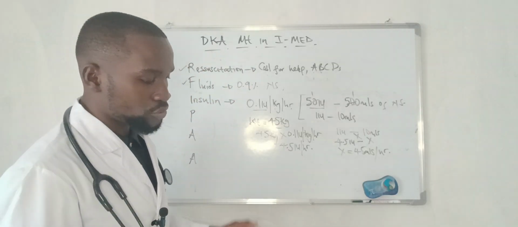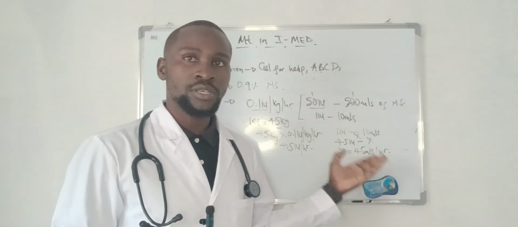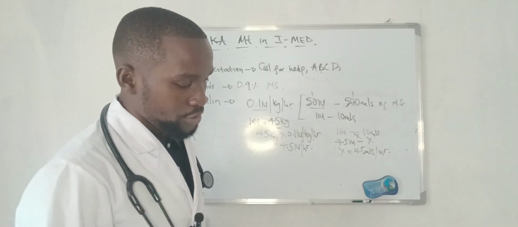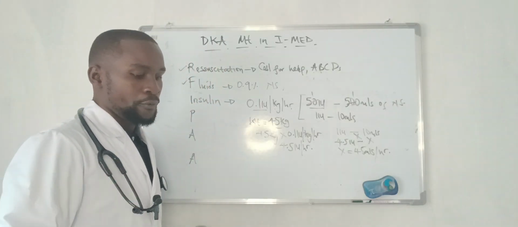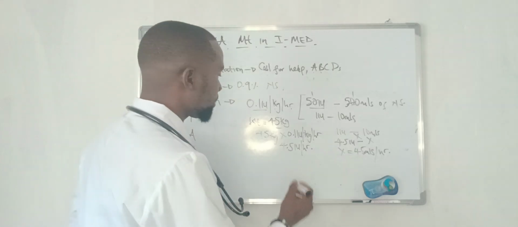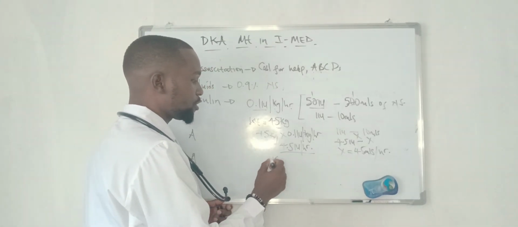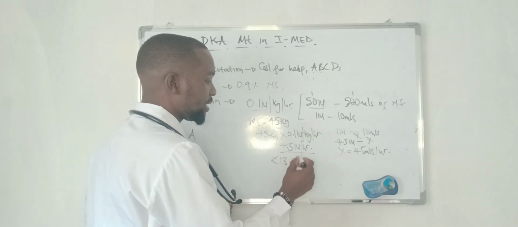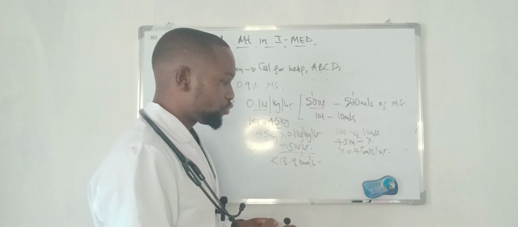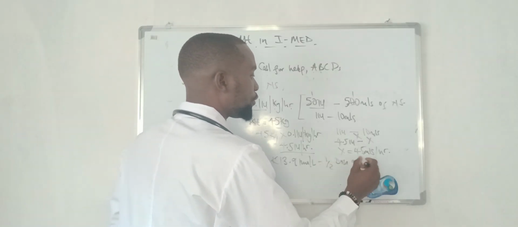So as you give the insulin, make sure you are still monitoring. Remember, you are checking your RBS. So check your RBS regularly, every 30 minutes. When your RBS falls below 13.9, 14.9 millimoles per liter, what do you do? You halve the dose of insulin.